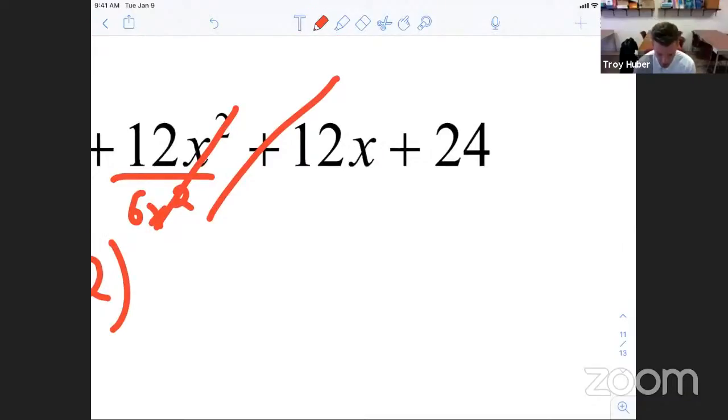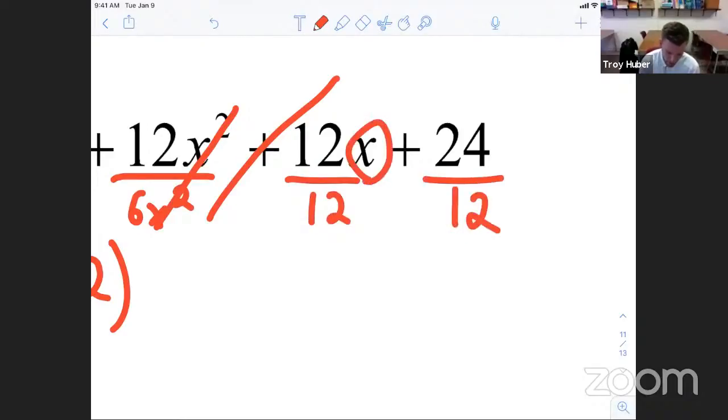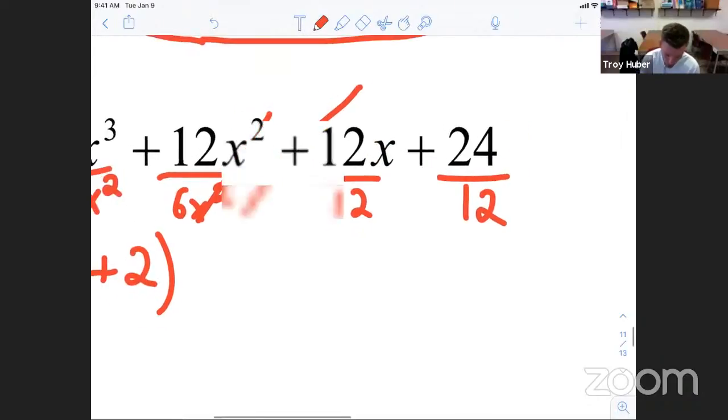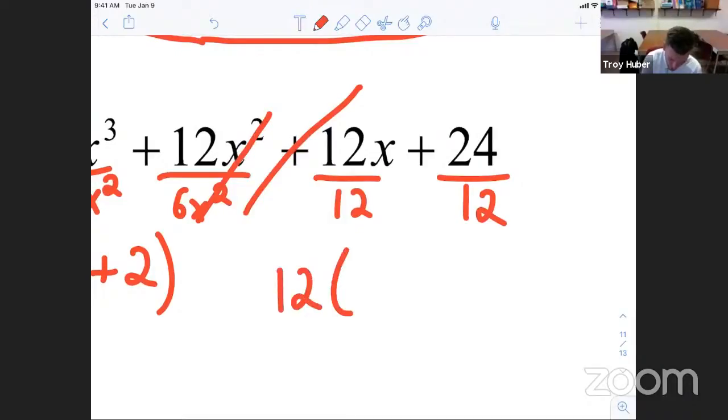Notice in each of these, I could divide by 12. We can't divide by x because this 24 does not have an x. So I think our GCF is just 12 in this one. So factor out your 12. This would just be 1x, or we could just say x. And 24 divided by 12 should give us 2.